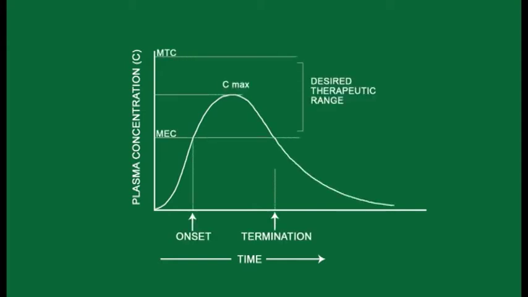Then we have the Cmax, the peak plasma concentration of a drug after its administration. Then we have the Tmax, which is the time to reach the maximum concentration in blood. We have the volume of distribution, which is the apparent volume in which the drug is distributed inside the organism.